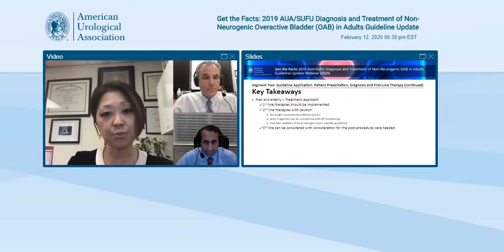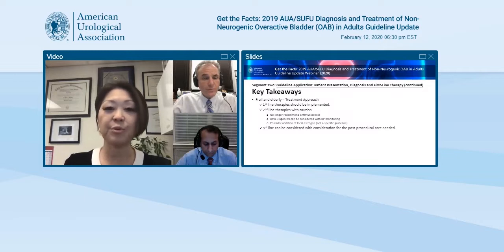So I think that's important. And whether or not you decide to do an antimuscarinic or beta-3 agonist, you really do want to make sure you follow up with your patients and follow them carefully to make sure that they don't have any sort of pharmacotherapeutic side effects that would be problematic for them.